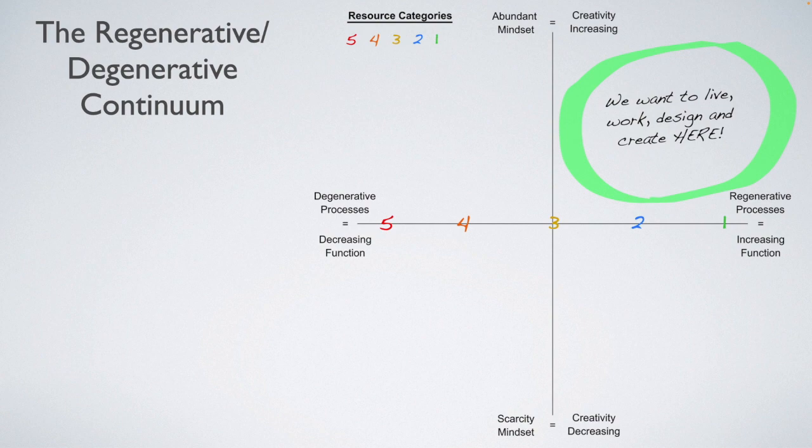Running top to bottom in this chart, we have abundant mindset on top and scarcity mindset on the bottom. An abundant mindset is creative. It sees obstacles as opportunities for growth and knowledge, capability, perception, and connection. Abundance is a direct antonym for scarcity. It stands for an extremely plentiful or overly sufficient supply, overflowing fullness, affluence, and wealth. The inverse of this is a scarce mindset, which is fear-based and lacks creativity.